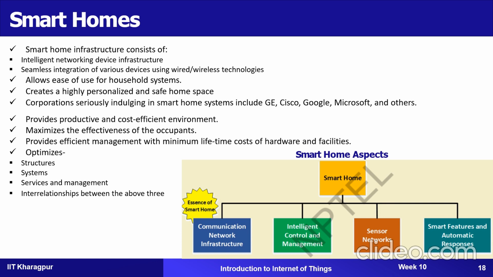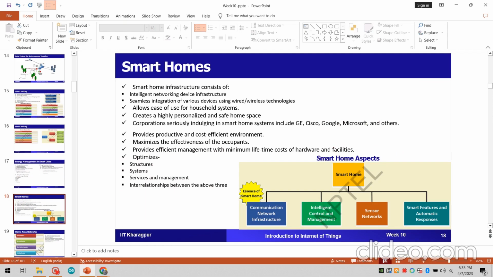There is a corporation of various home systems such as your GE, Cisco, Google, Microsoft and various others. So it provides productive and cost efficient environment which maximizes the effectiveness of occupants, and it also provides efficient management with minimum lifetime cost of hardware and facilities.